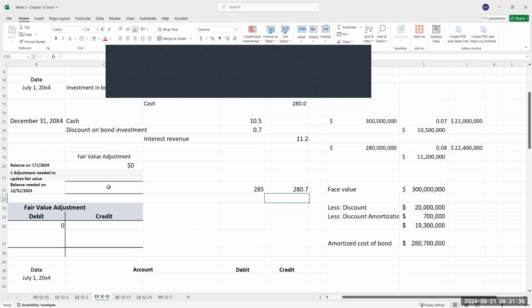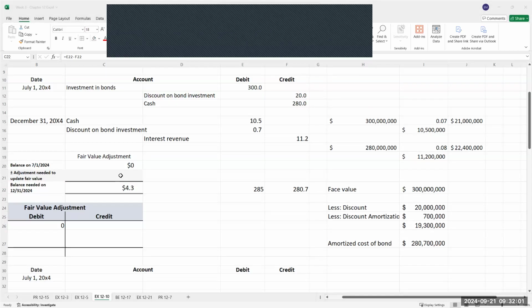So therefore, 280.7. In order for us to determine the amount that needs to be reported at the end of the year would be as follows. 285 million minus the amortized cost of the bond. We need to adjust for 4.3 million.